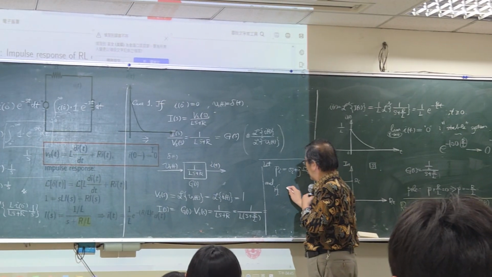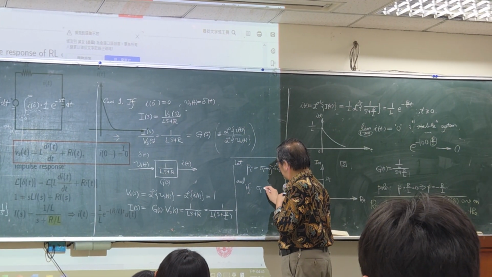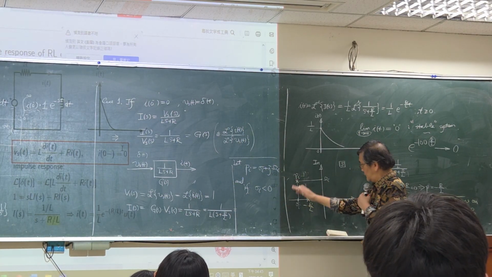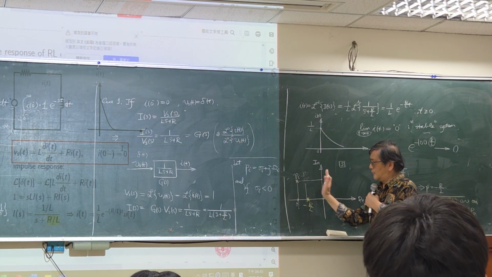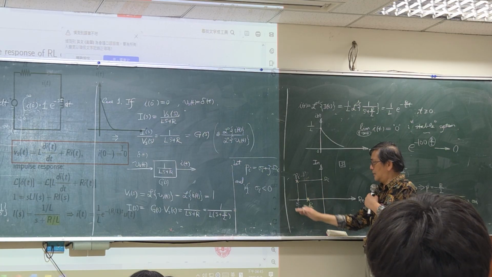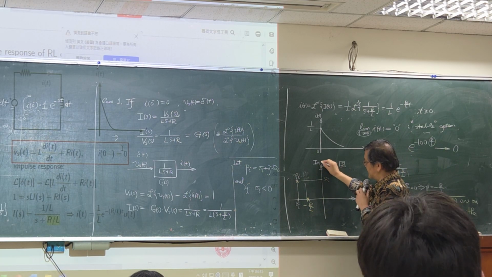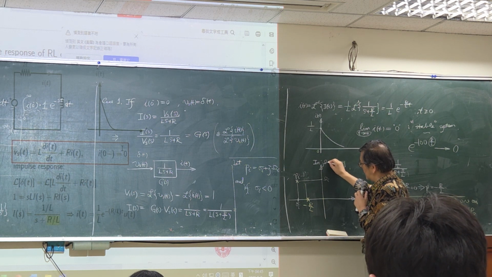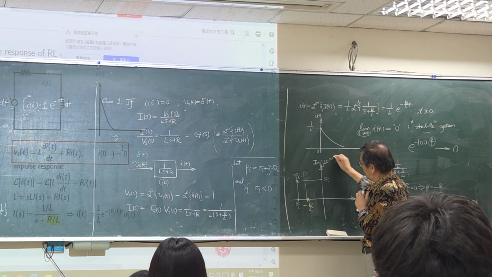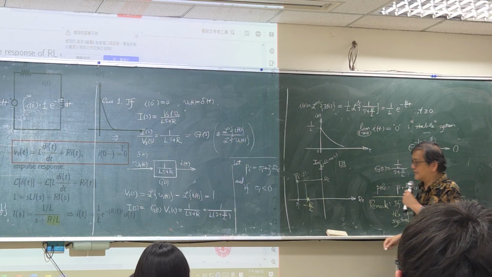If sigma_i is smaller than 0, to the left of the j omega axis. This is the j omega axis. Sometimes we use the term j omega axis to represent the imaginary axis.